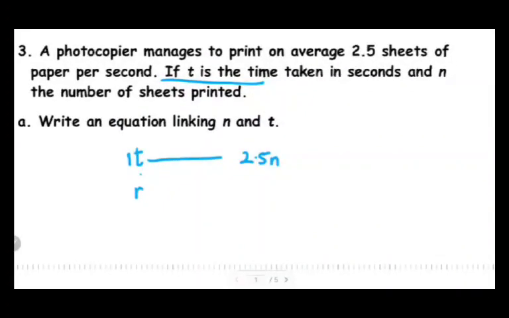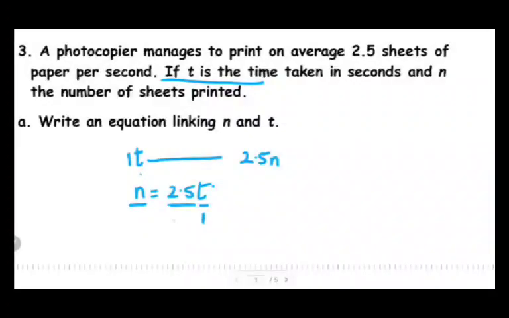So the number of sheets printed has to be multiplied with the time. So we will get N, the number of sheets, if I multiply 2.5 with the number of seconds.